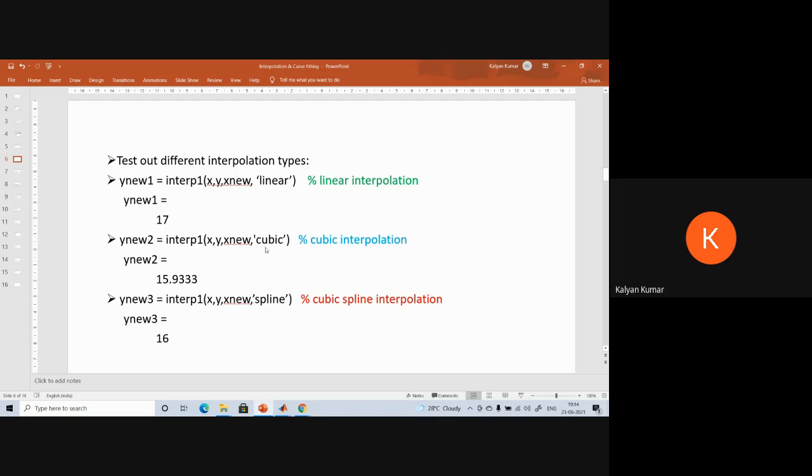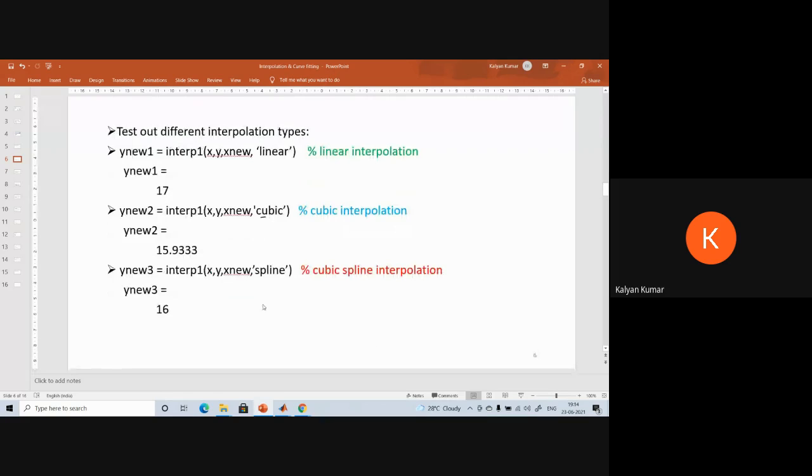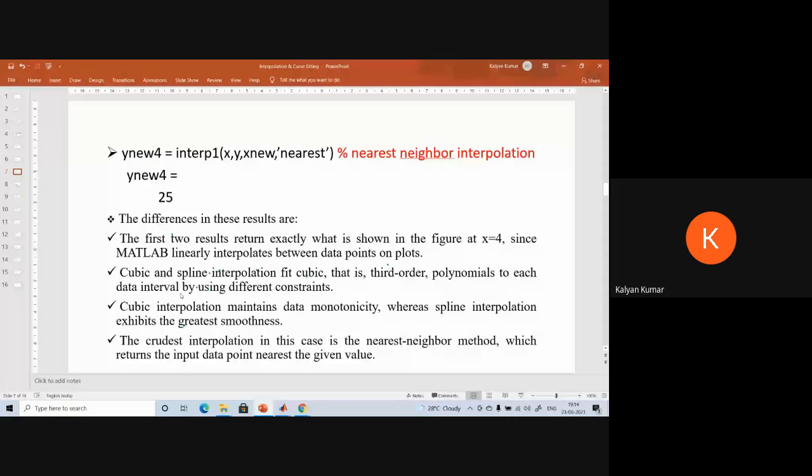Next, the alternatives are cubic, spline and nearest. If you compute the answer, for cubic interpolation we get 15.9333, for spline interpolation we get 16, and for nearest interpolation we get 25.